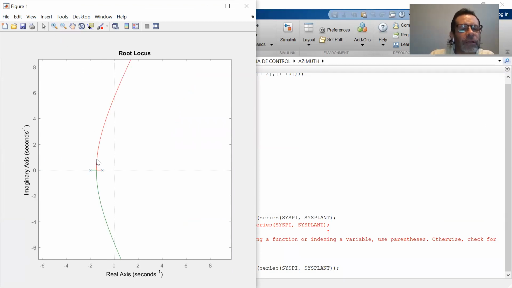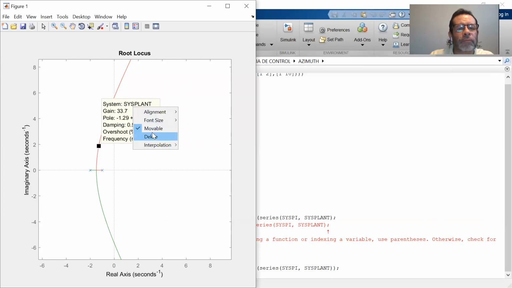Let's look for a value of K for this system, which is the one with just the proportional compensation. Let's look for a 10% overshoot. Let's see if I can reach that. Oh, this is terrible.